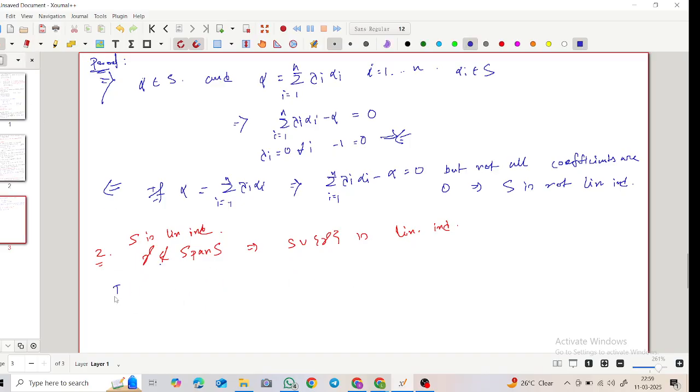So S union gamma, if it is linearly dependent. If V belongs to S union gamma and V belongs to S, we have nothing to show.